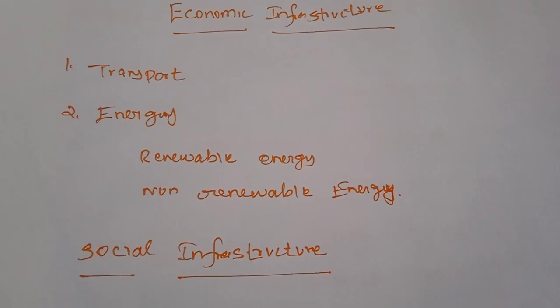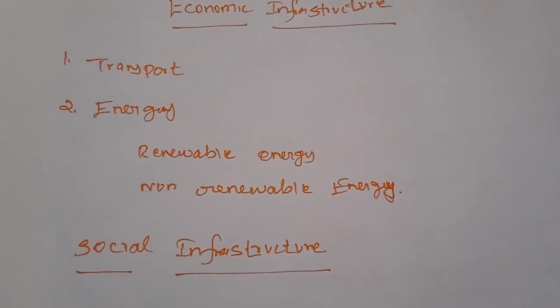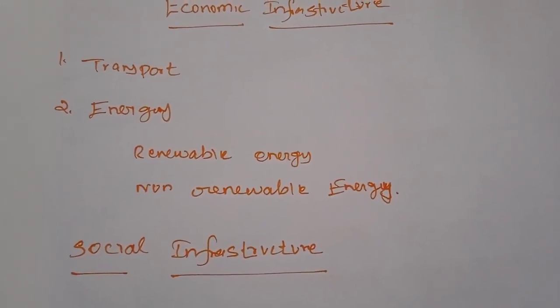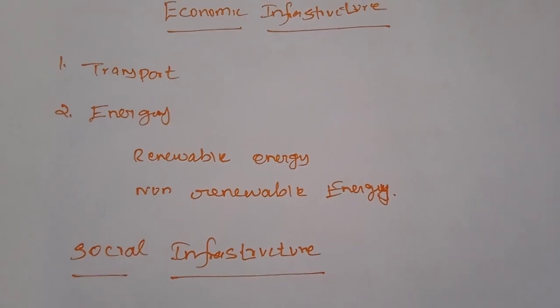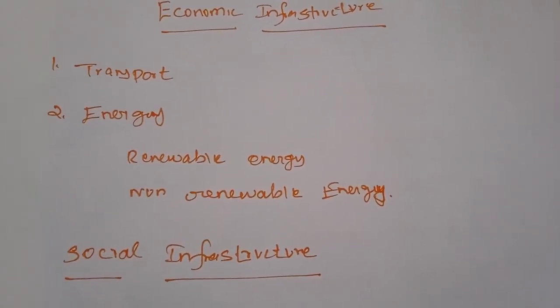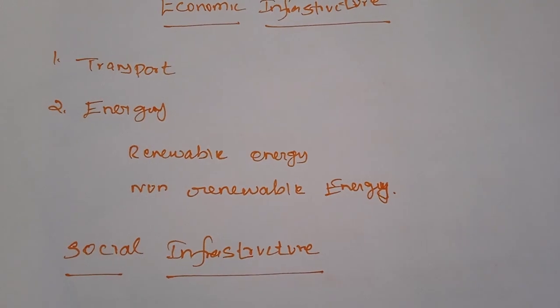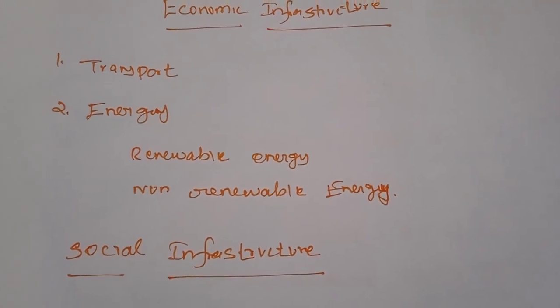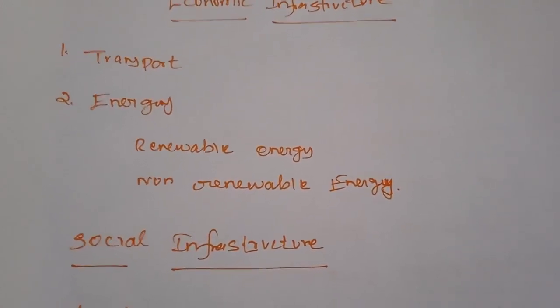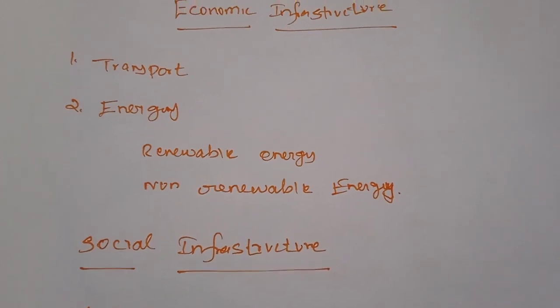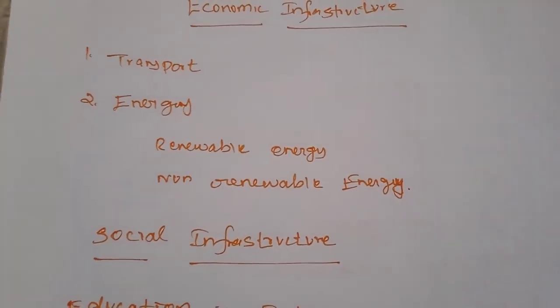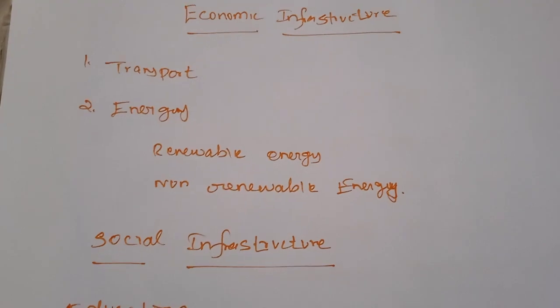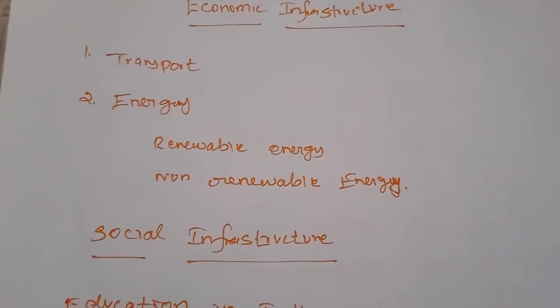Next, renewable energy. These are energy sources which can be renewed or reused again and again. These materials do not exhaust; they are available in abundant or infinite quantity in nature. For example, solar energy, wind energy, tidal energy, geothermal energy and biomass energy.